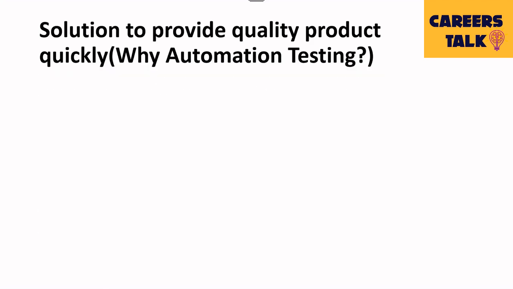Now, what is the solution to provide a quality product quickly? This is why automation testing came into the picture. Automation of crucial scenarios is a must, friends. When I say crucial scenarios, what is sanity? Important functionalities of the application must work. For example, take an e-commerce website like Amazon.